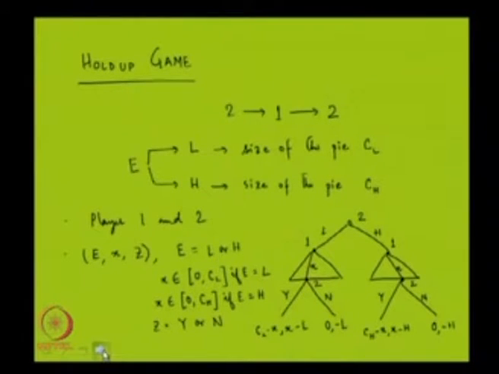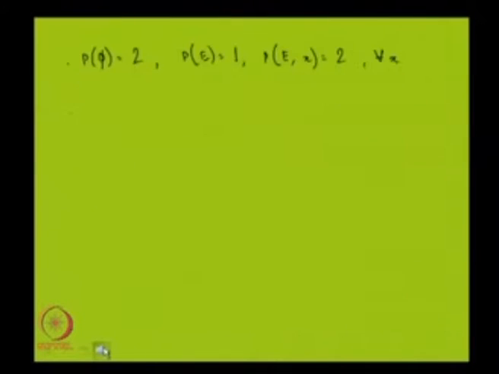So in general, I can write the following, that U1 of (E, X, n) is equal to 0 everywhere if n is the decision of player 2 in the last stage, then player 1 will get 0, and U2.